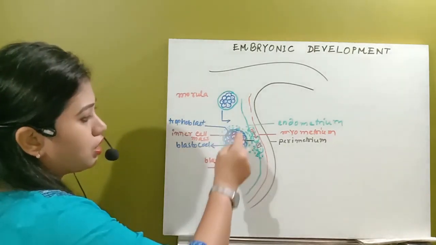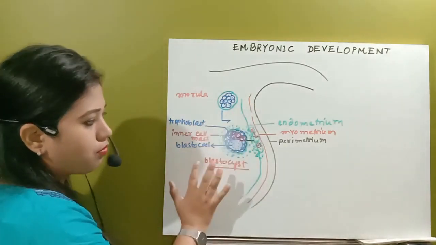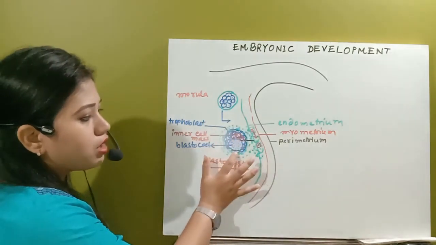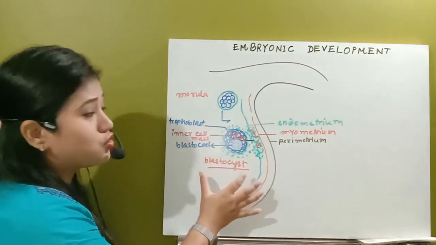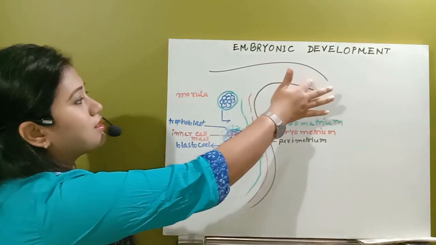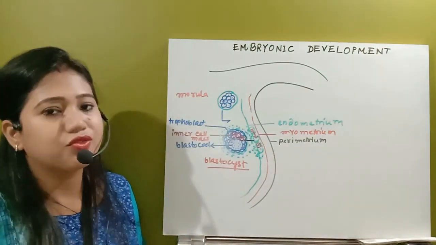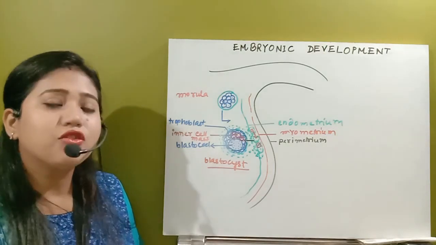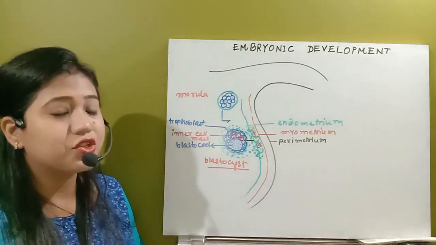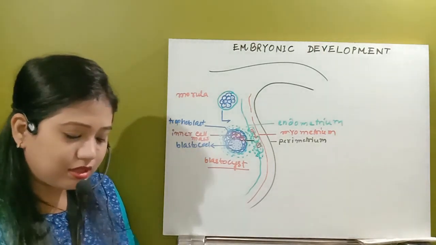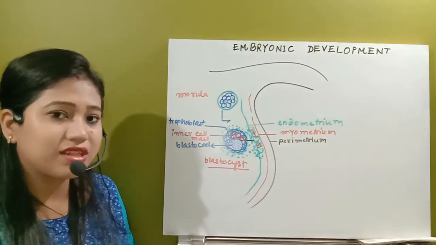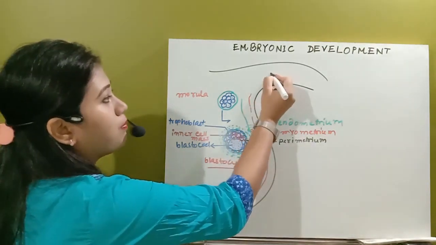Suppose the blastocyst is formed here. It is not allowed to get implanted somewhere in the fallopian tube, so the zona pellucida prevents it. But maybe this is possible sometimes: the implantation process can occur in the fallopian tube.